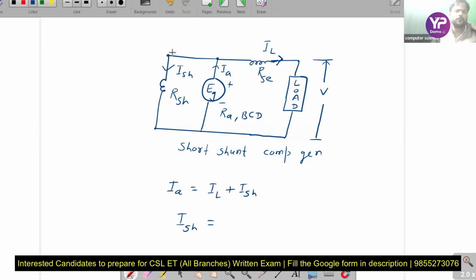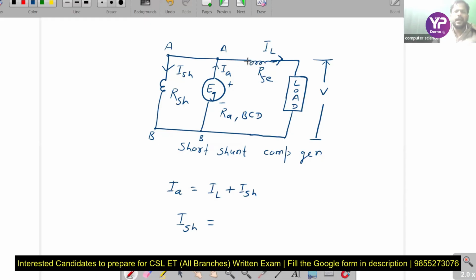To find out this current, we first need to find the voltage across the shunt field winding. Let the voltage across this winding be VAB. Here there is no other element, so the voltage across AB is also equal to the voltage across that element. So VAB.